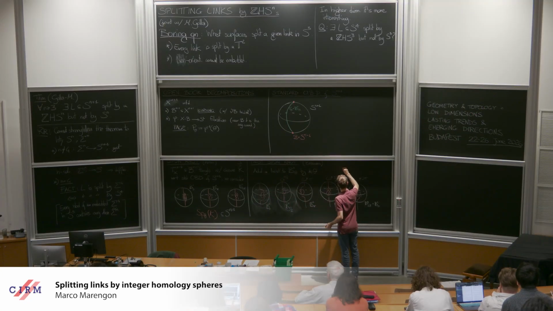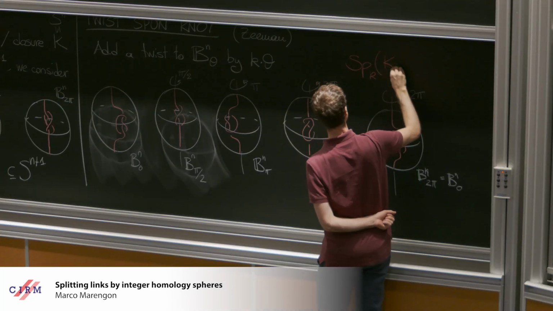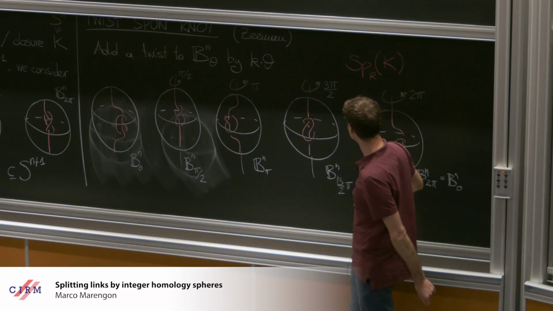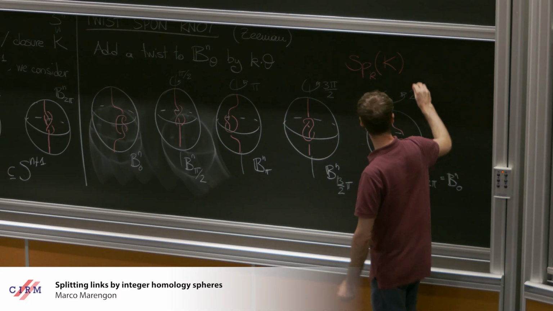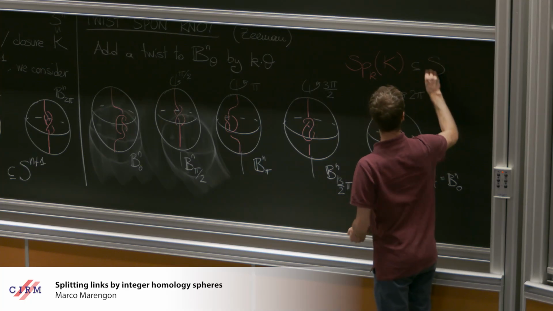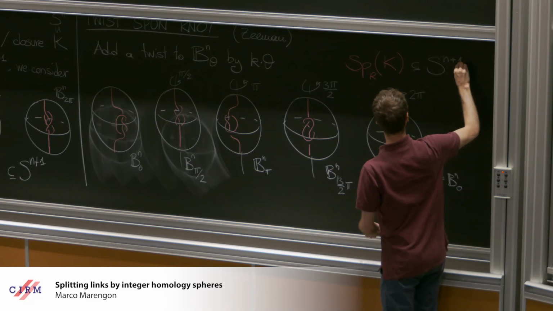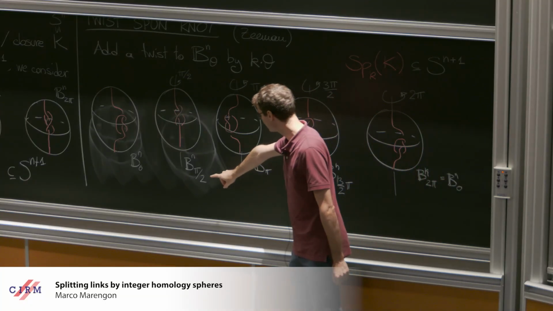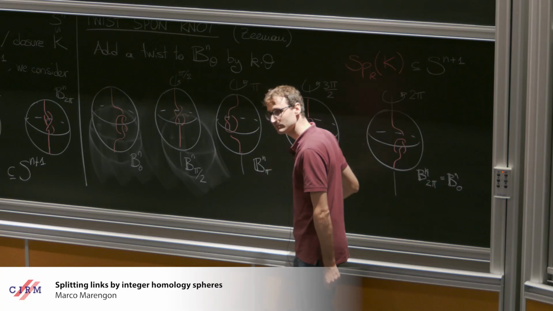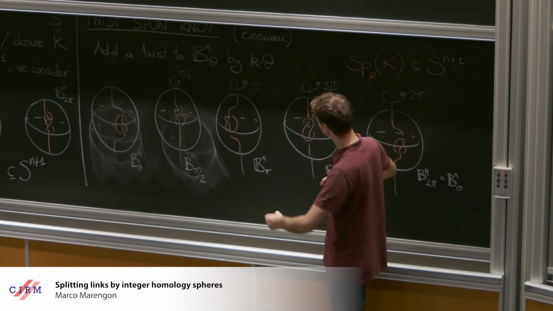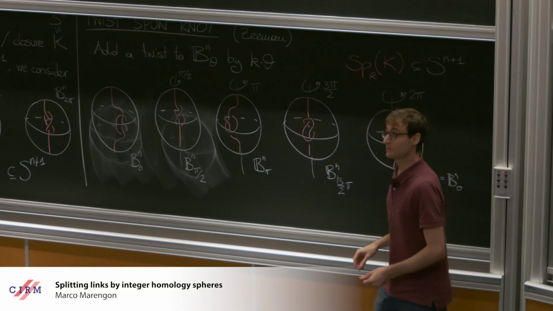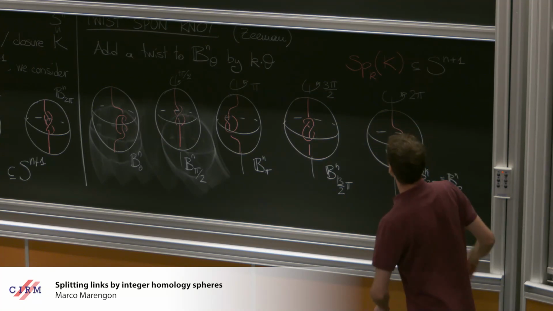On the right, instead, we get something that we call S_k P K of K, where the lowercase k indicates the number of twists that I add, and this is also a knot inside S^{n+1}. So the variation is that instead of rotating each page, the page B^n, by theta, you rotate it by k times theta. Okay, so far so good? Fantastic.